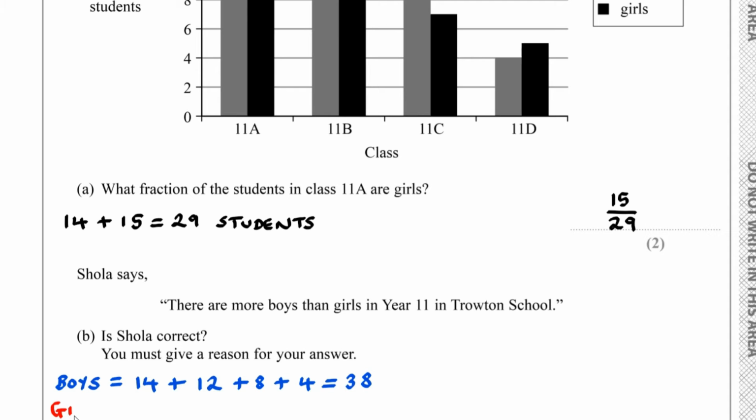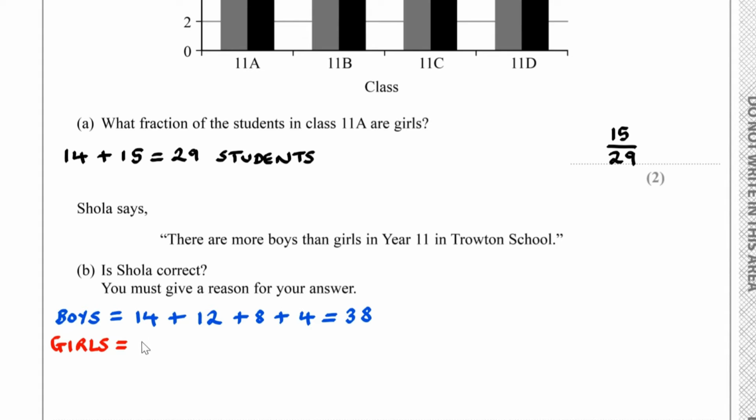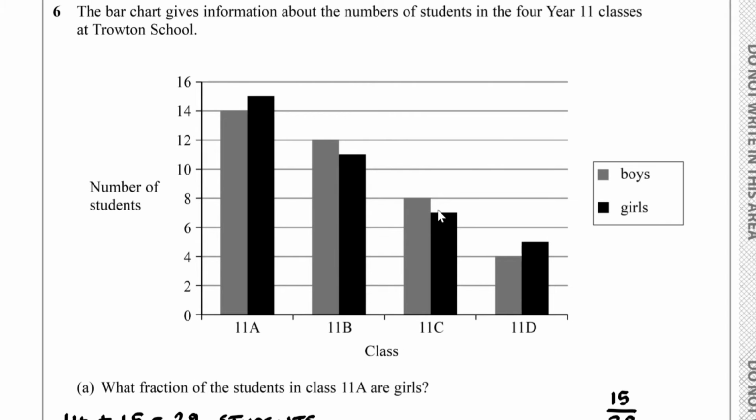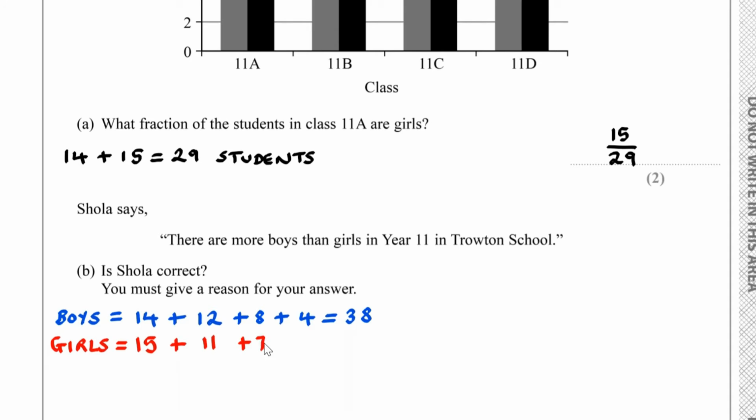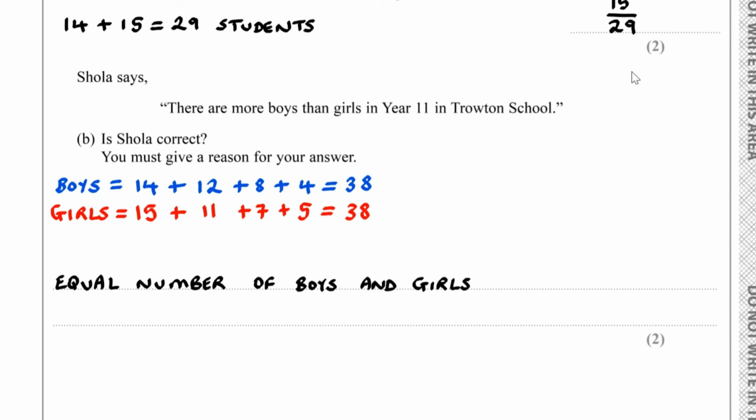And for girls, well, we've got 15 plus 11 plus 7 plus 5, which is also 38. What we see is there are an equal number of boys and girls, and therefore she is incorrect.